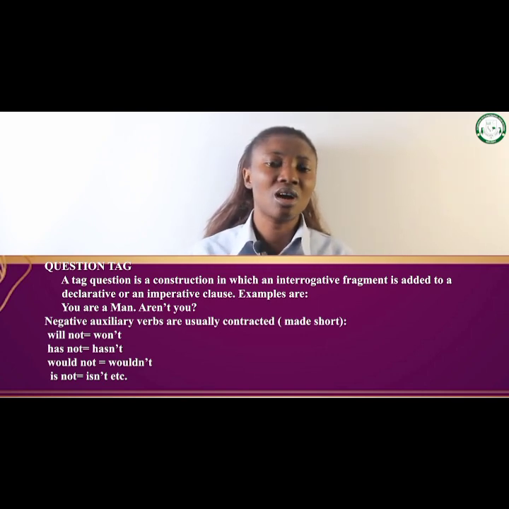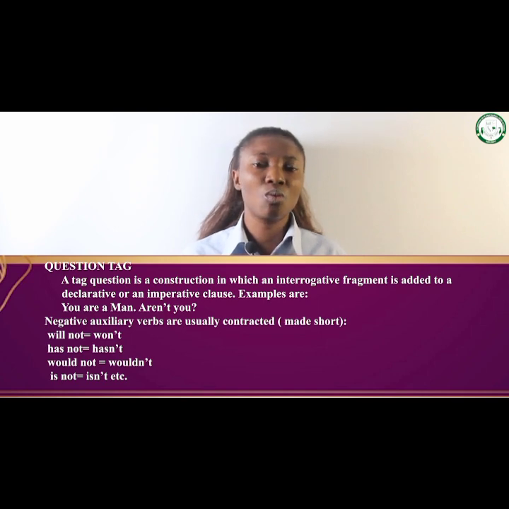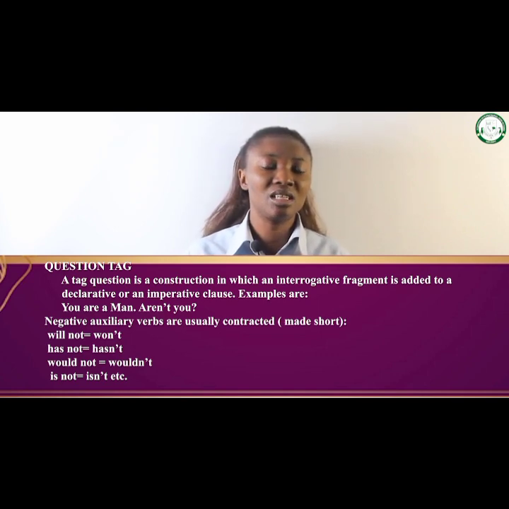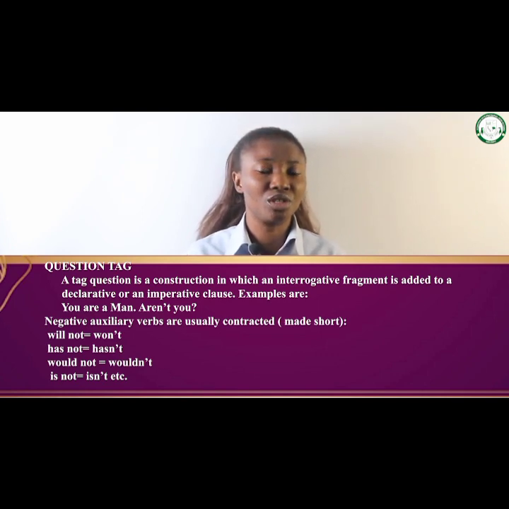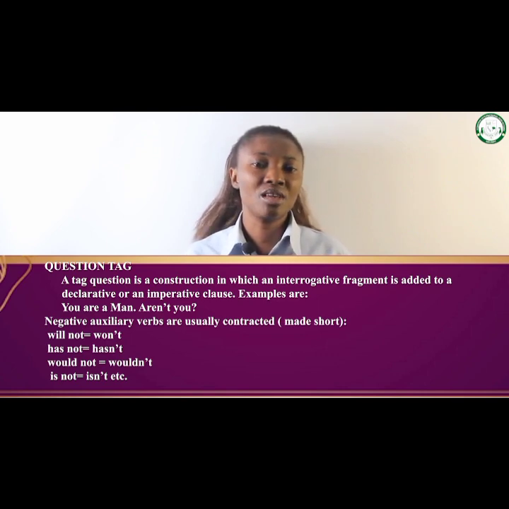So in English language, there are rules. There are ways question tags are used. There are some ways we can apply these question tags we are talking about. Number one, I've explained to you the other time that if the affirmative is positive, the question tag will be negative.